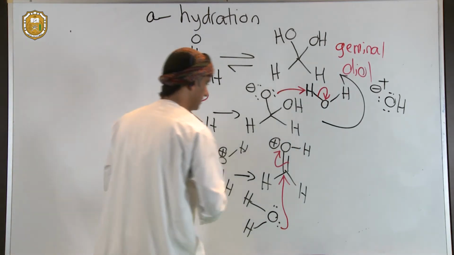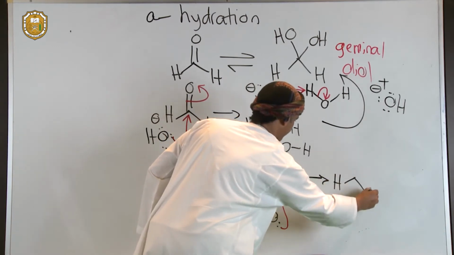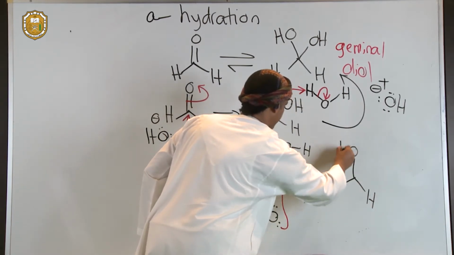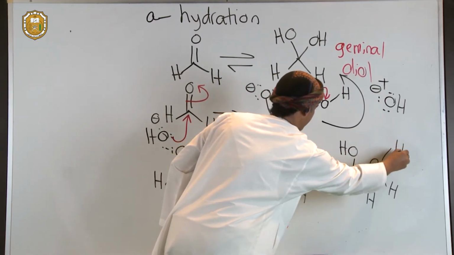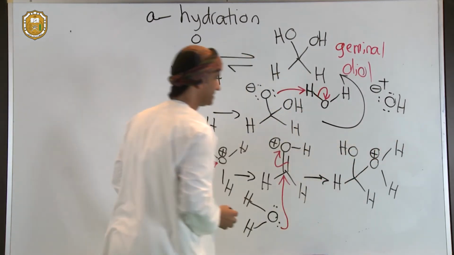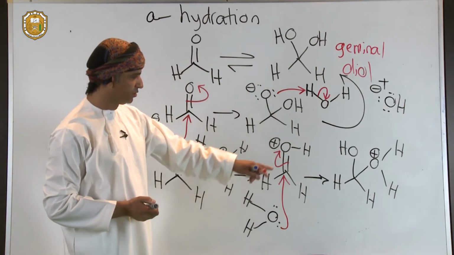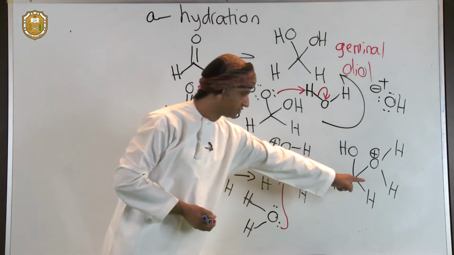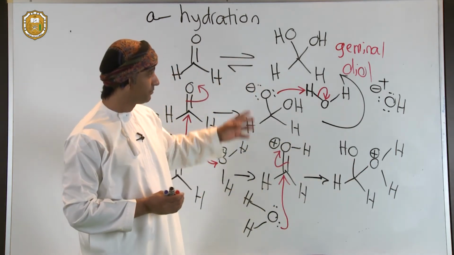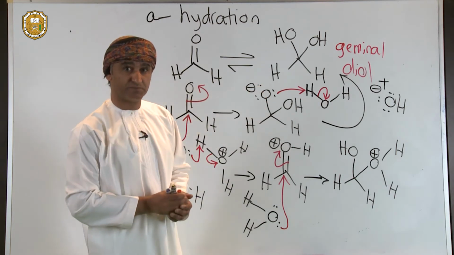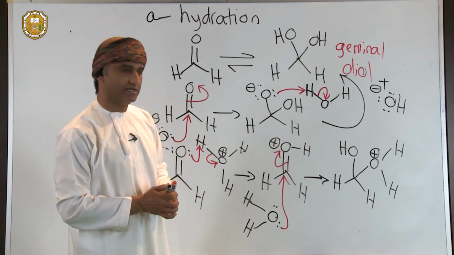If we do that, we get something like this. The last step will be for a water molecule to pick up one of the hydrogens from that positively charged oxygen, giving rise to the product with regeneration of the acid catalyst.